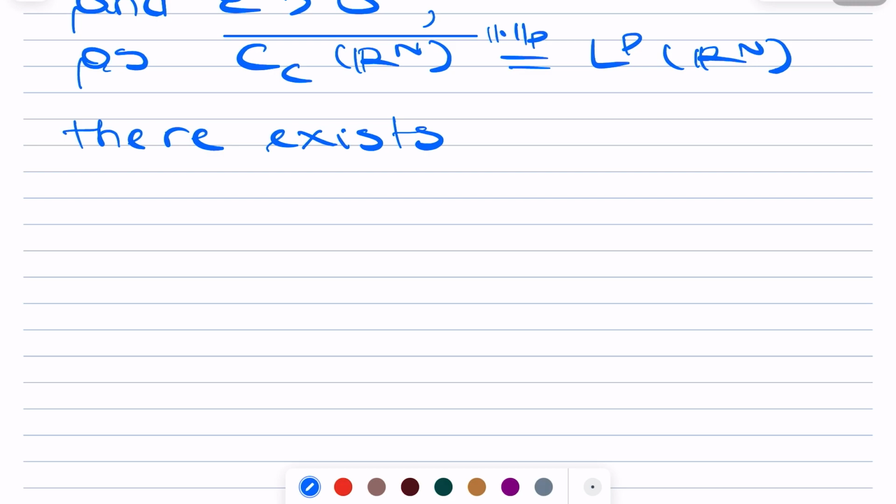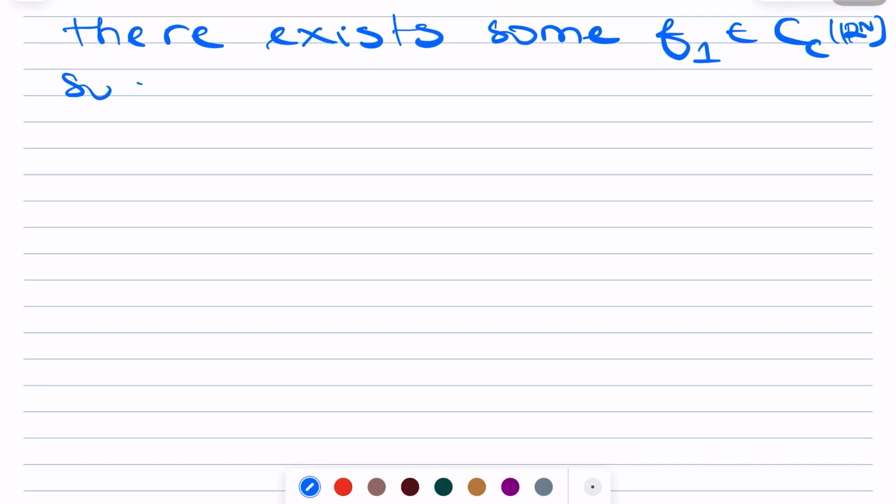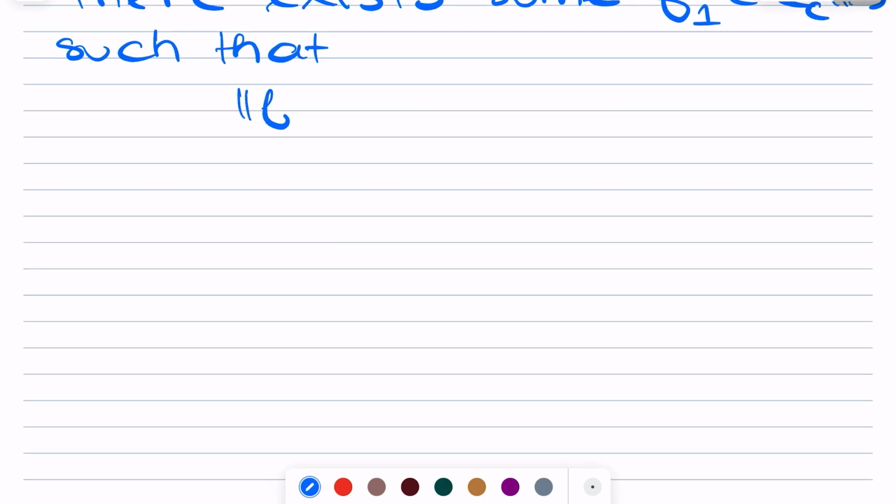There exists, of course, this is for p between 1 and plus infinity, some f1 in Cc of Rn, such that the norm of f minus f1, the LP norm, is strictly less than epsilon.